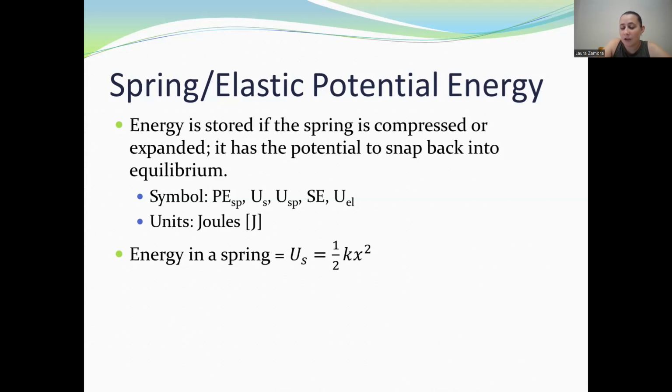Maybe it makes it confusing because they're written very similarly. Hopefully it's more helpful than it is confusing. But energy in a spring is 1/2 kx squared. 1/2 times the spring constant times that displacement from equilibrium squared. Okay. Put a box around it because it's important.